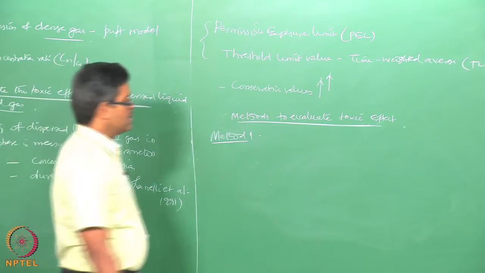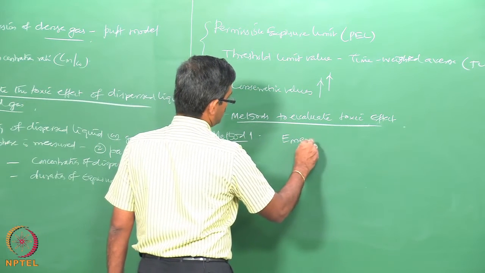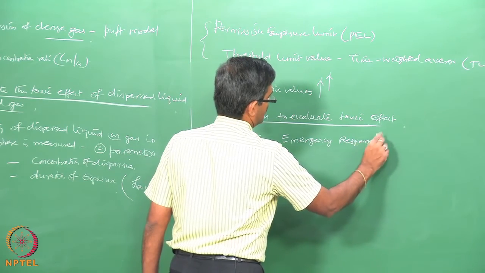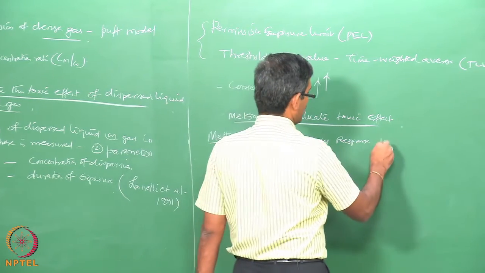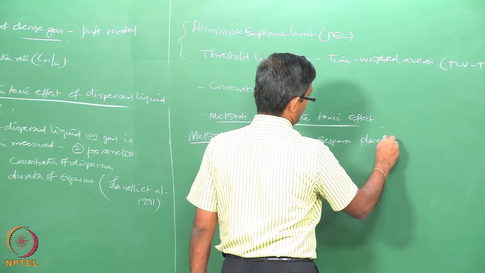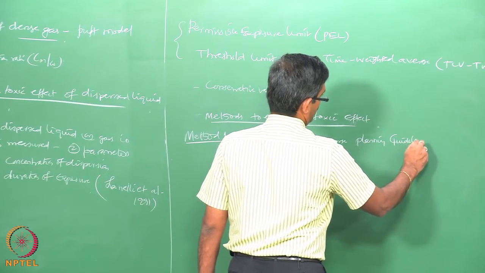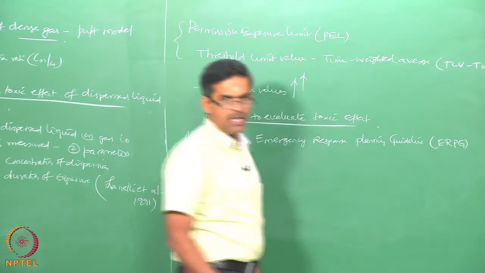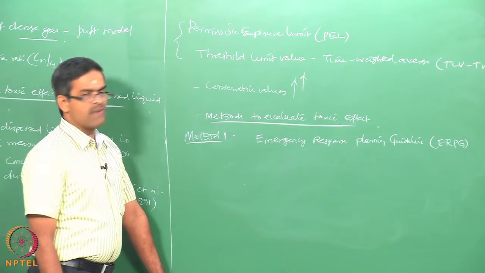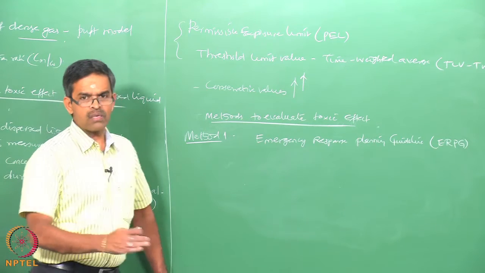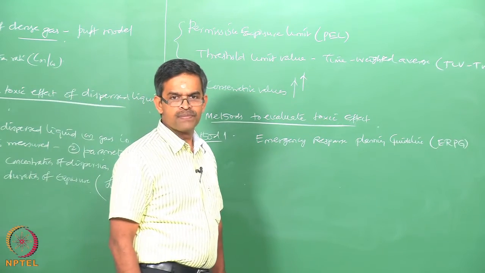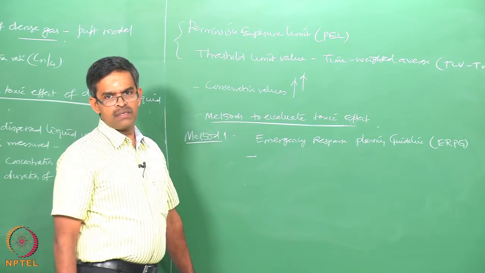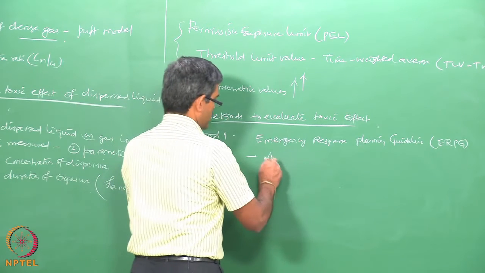This is based on emergency response planning guideline, which is abbreviated as ERPG. Generally, these values are given for all kinds of liquids and chemicals, which is generally formulated by the American Industrial Hygiene Association.